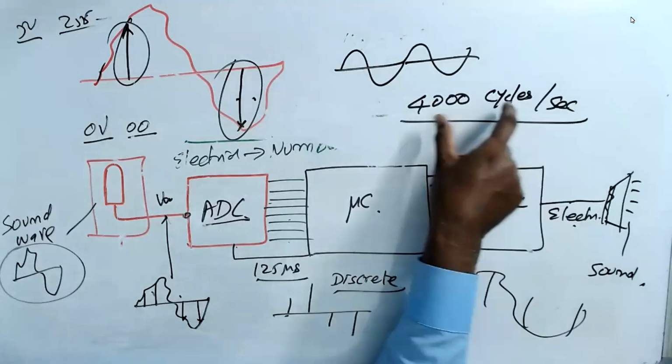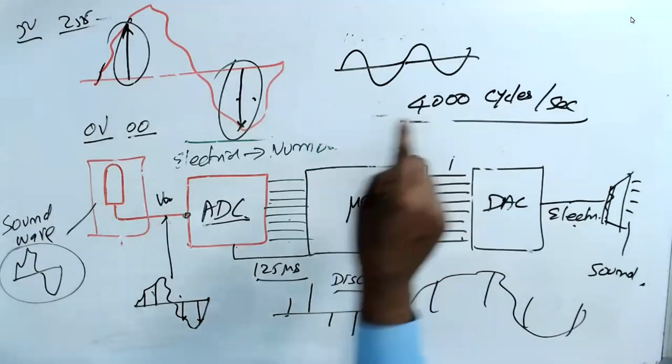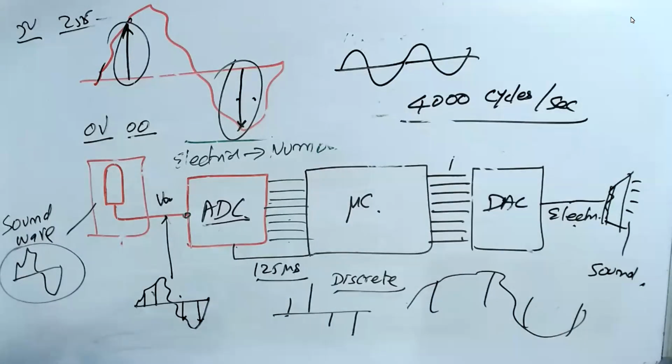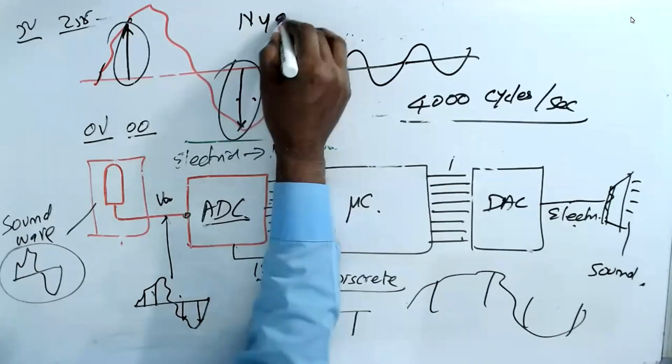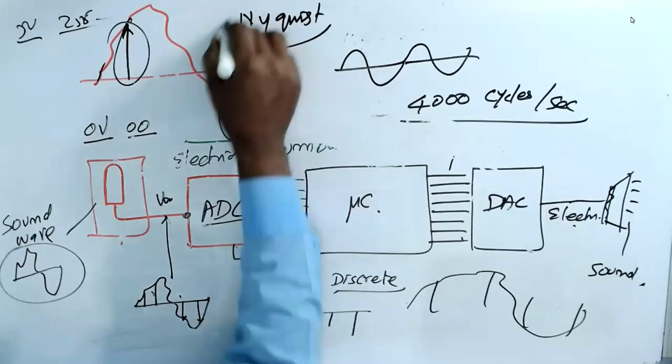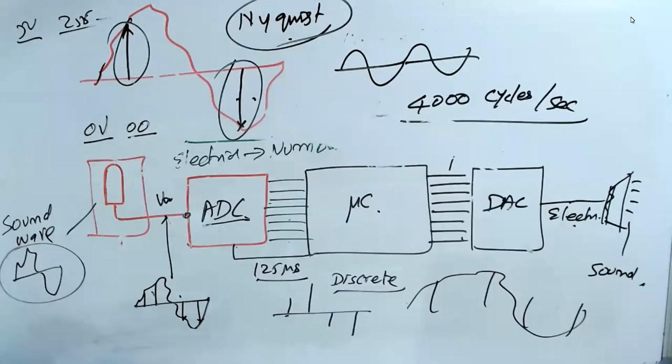As per the Nyquist, the scientist, we have to honor him. Because of him only we are speaking everything. Nyquist said you need to take 2 samples, that means 2 numbers per cycle.